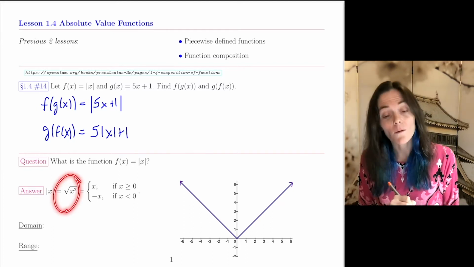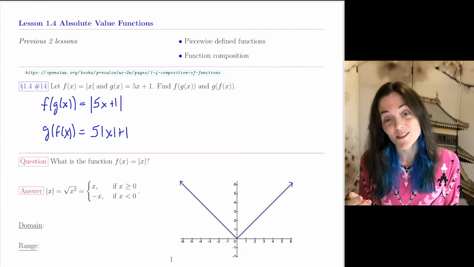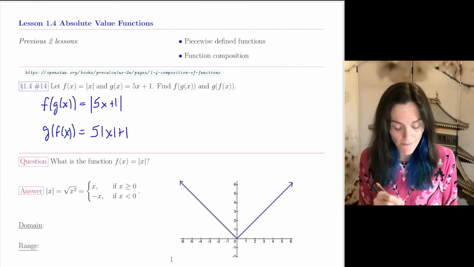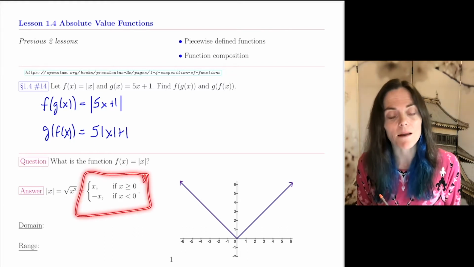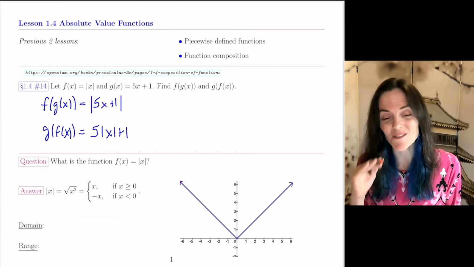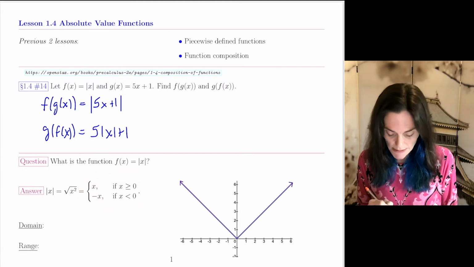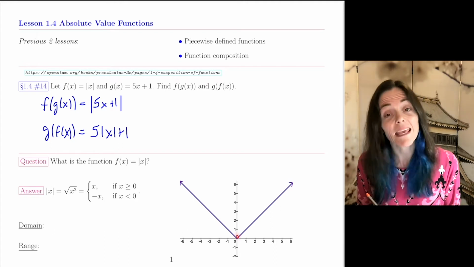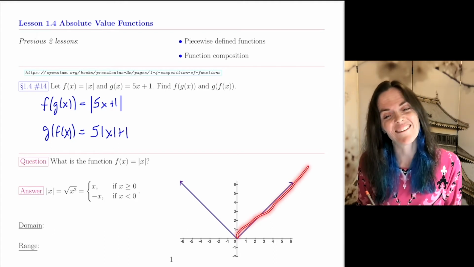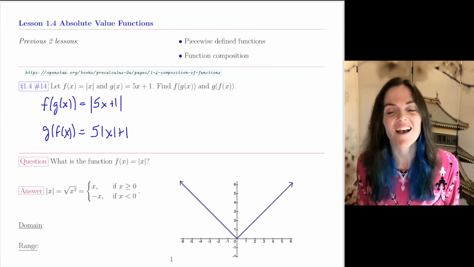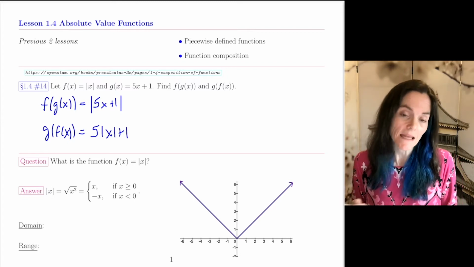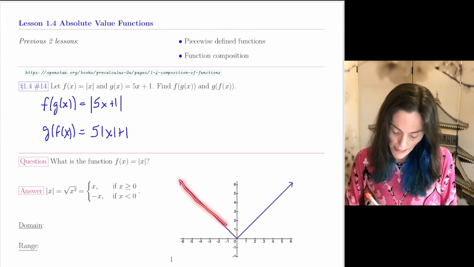You can, on one hand, define it as the square root of x squared, but on the other hand, and this is a very beneficial way to think about it, absolute value of x is really a piecewise defined function, and you can see it here for non-negative x. It gives you x, and then if x is negative, absolute value of x is minus x.